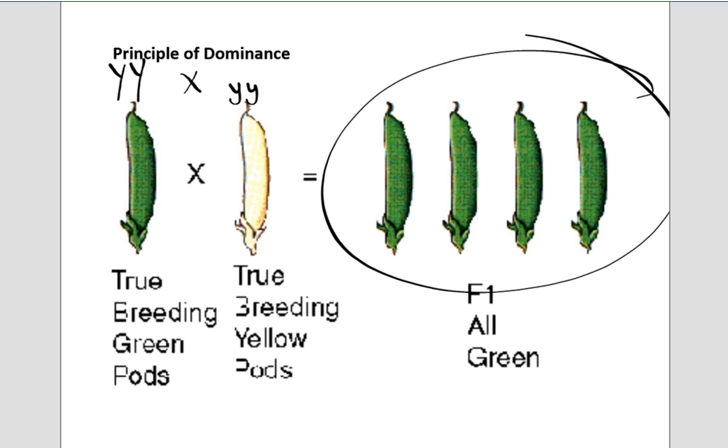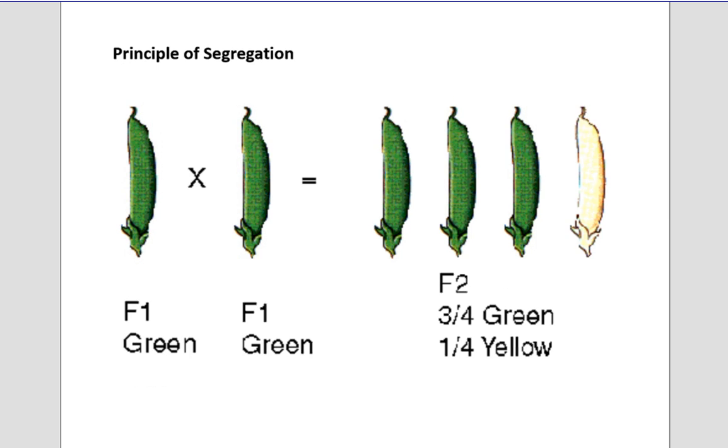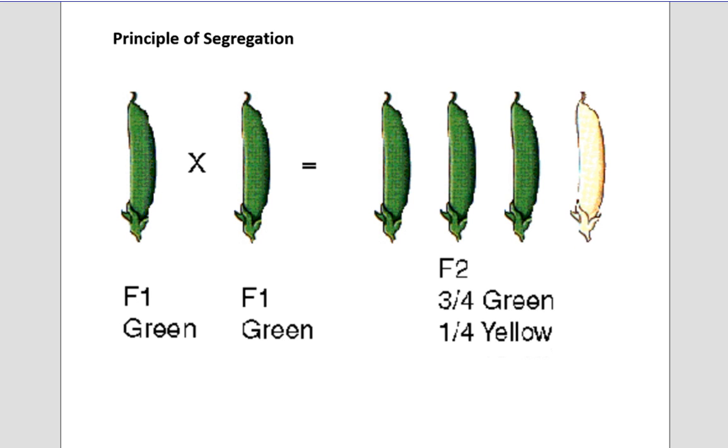And so then what he did is he allowed those F1 generations to self-fertilize. And what happened? Well, the yellow came back. Why did the yellow come back? Well, that's Mendel's second principle, which is the principle of segregation. And Mendel's principle of segregation says this, that the alleles of a gene separate during gamete formation. During what is gamete formation?